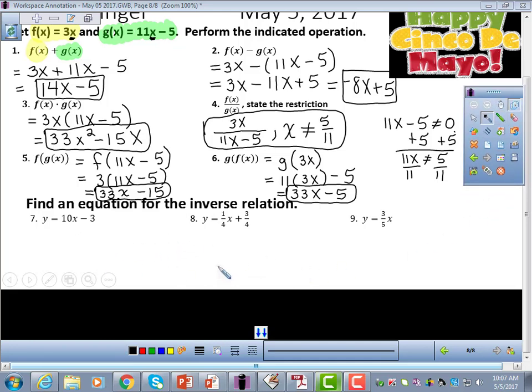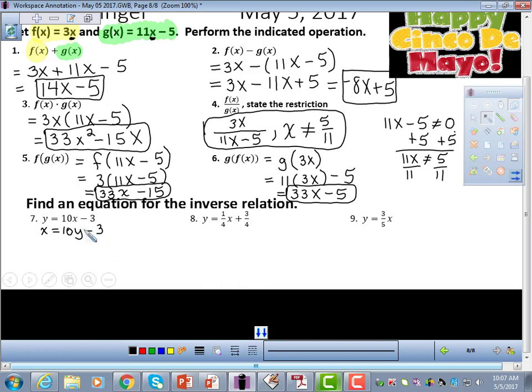All right. Finding the inverse. When you are finding the inverse, what is the first thing I want to do? I have a y, I have an x, I'm going to switch them. I need to solve for y.